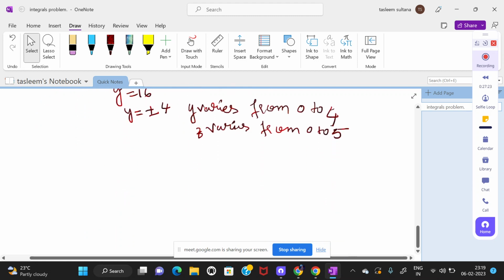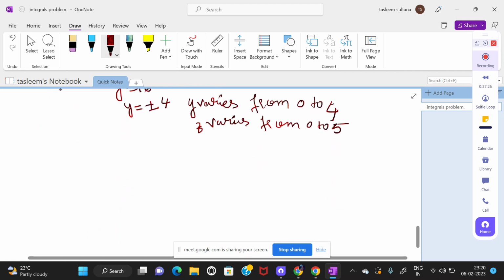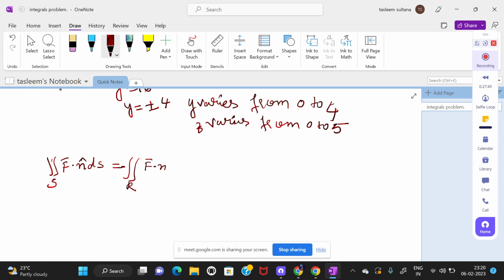The double integration over S, surface integration, that is F vector into N vector into ds, is equal to double integration over R, F vector into N vector divided by mod N vector into I vector into dy into dz.